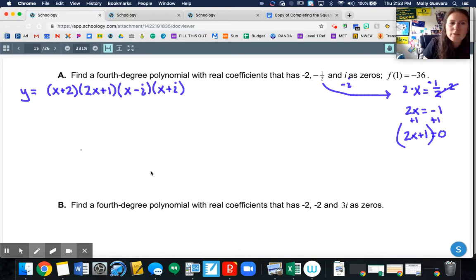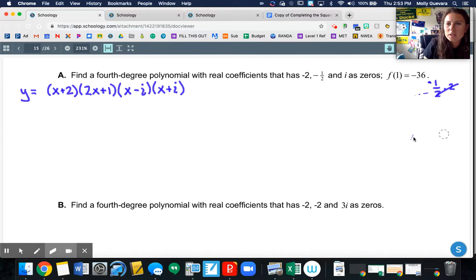Now, the only other thing is, and I'm going to get rid of this stuff, because they are very specific about a point, because I'm given a point that this graph goes through, that means that there's a specific a value in front here that they want me to find. So right now, I'm just going to leave it like that.